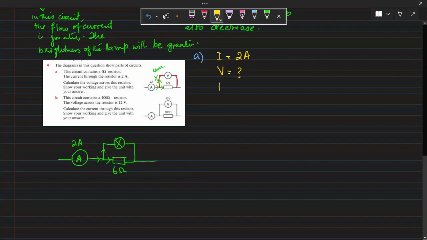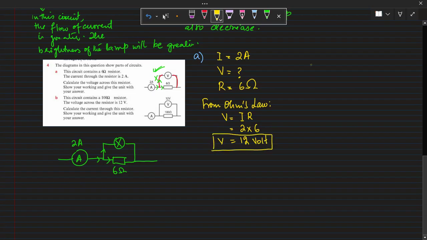We have to find it out, and the resistor value is 6 ohm, right? From Ohm's law, mathematically, V equals IR, where V is unknown, so we can substitute the values and you will get the answer. So 2 times 6, that means 12 volts.